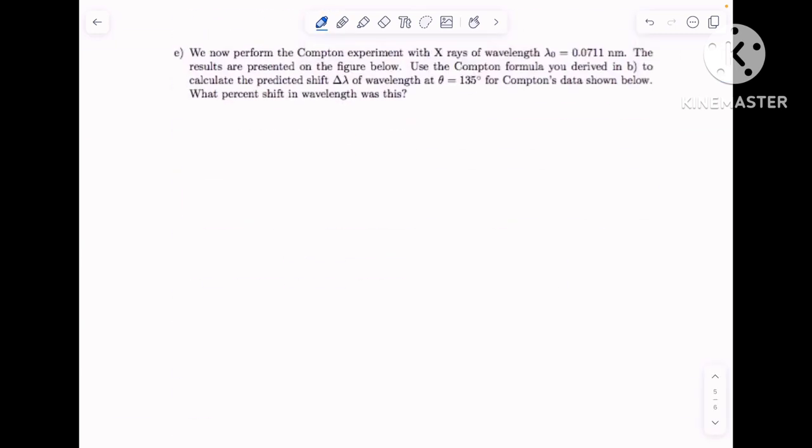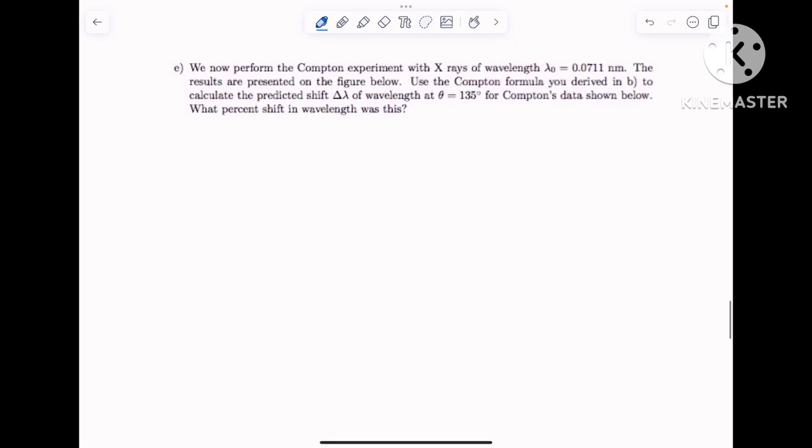And the last one, calculate the predicted wavelength shift at theta of 135 degrees for the X-ray wavelength. So we have the wavelength as 0.0711 nanometer, which is 7.11 times 10 to the power of minus 11 meter.